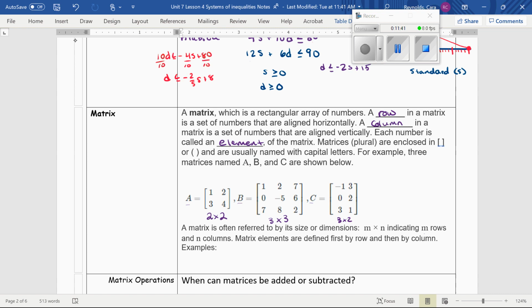Examples for elements, you might have A, and then it says, I don't know, 2, 1, which would be the element in A, row 2, column 1, which is 3.